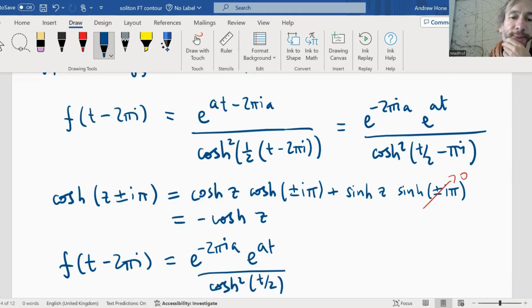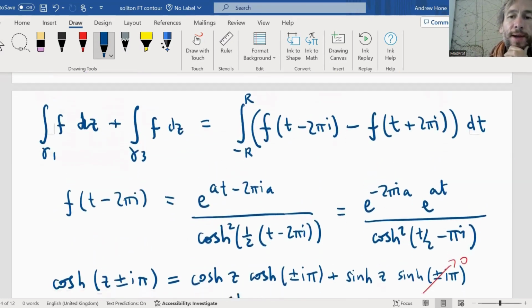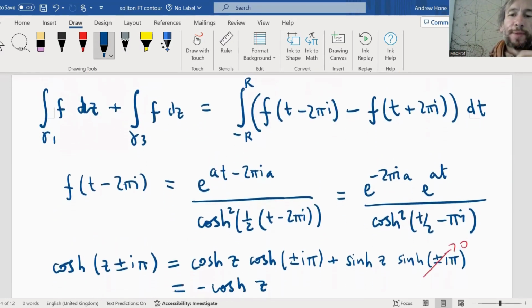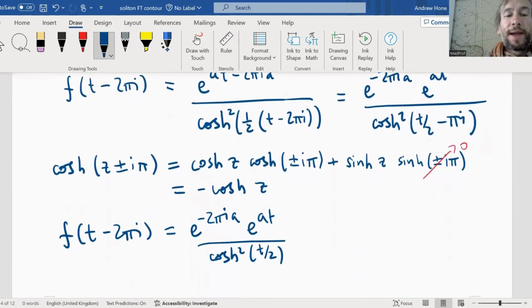And then the expression that we actually want to calculate, we want to subtract off minus f of t plus 2 pi i. So what you can see is that if we put a plus or minus in there, then we get minus or plus.